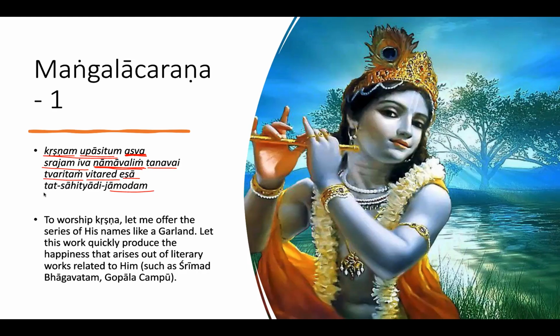What is that bliss? Tat sahityadi ja. That bliss that is born from sahitya, sahitya meaning the literary works about Krishna. The works which are written about Lord Krishna give bliss.